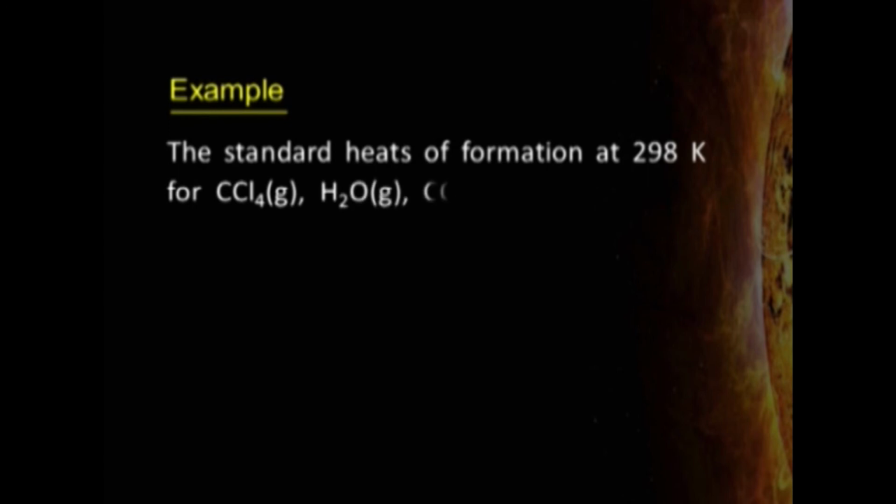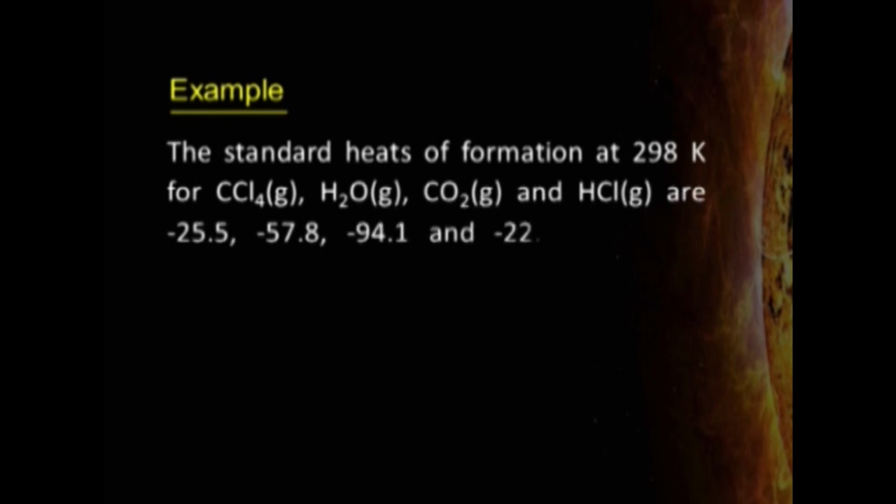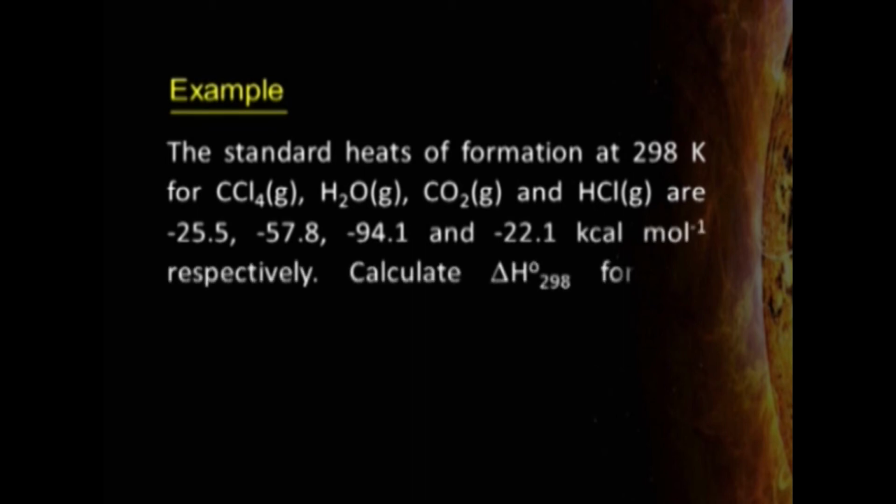There is another example to relate heats of formation and heat of reaction. The standard heats of formation at 298 Kelvin for CCl4 gaseous, H2O gaseous, CO2 gaseous and HCl gaseous are minus 25.5, minus 57.8, minus 94.1 and minus 22.1 kilocalories per mole respectively.